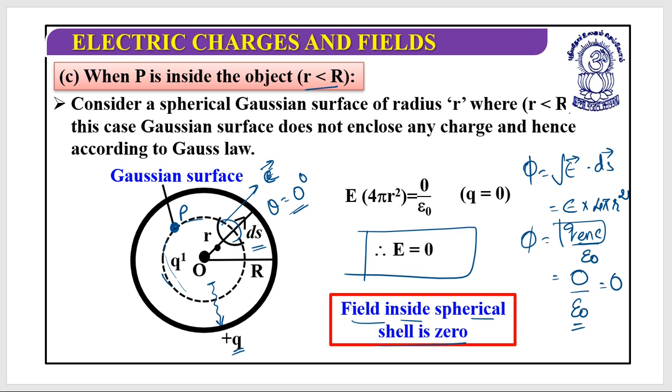Now, can you recollect this from the properties of electric field lines? Do you remember the properties of electric field lines? One of the properties was that they never enter a metallic surface. This could not be the situation.